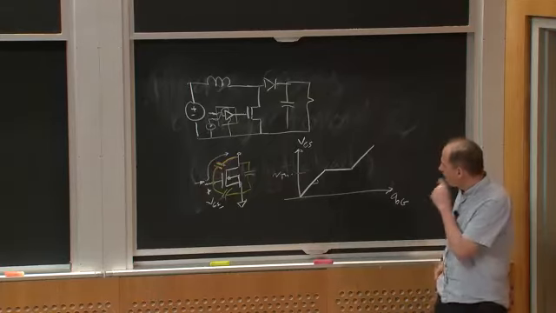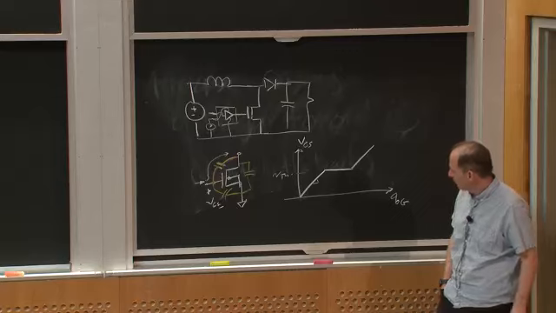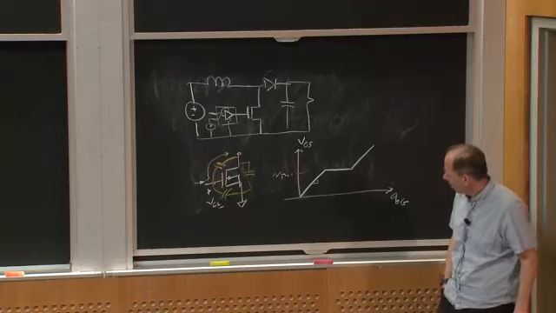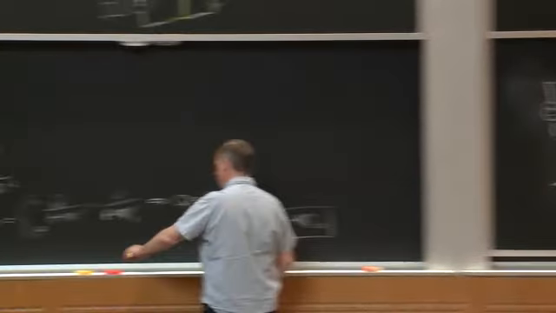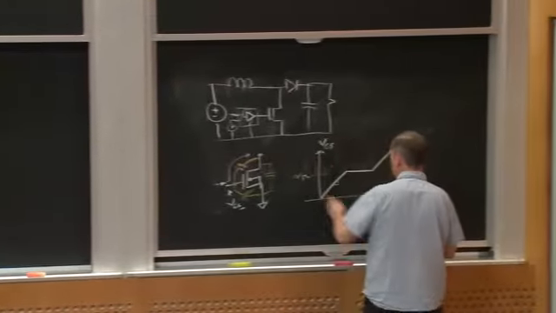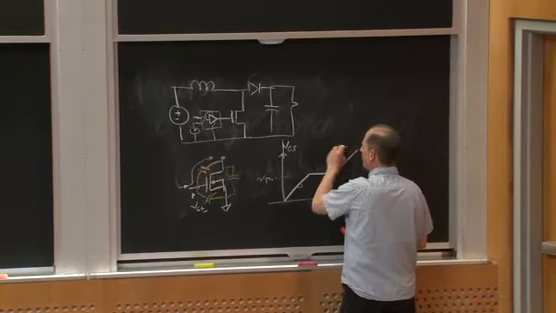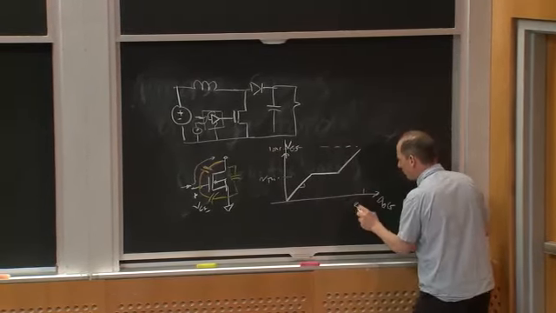Why am I pointing this out? Well, two reasons. Firstly, when I think about the amount of charge I need to put in, maybe this is my threshold voltage, whatever that is. Maybe this is 10 volts, and this is 50 nanocoulombs.